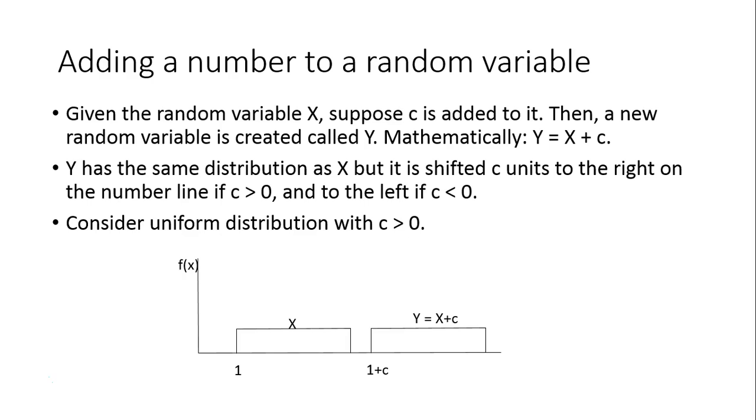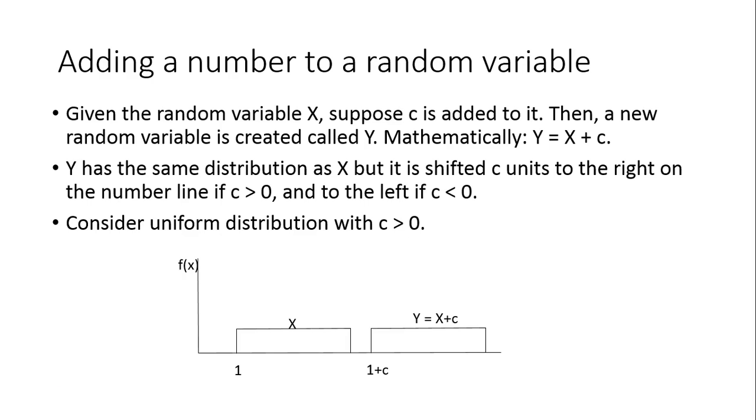If I transform this random variable x by adding some number c, suppose c is 10, then the new random variable is going to start at 1 plus c, or 11 in this case, and it's going to end at 3 plus c, which is 13.